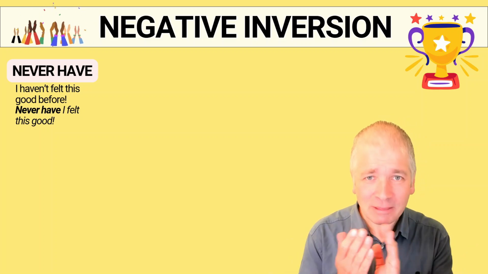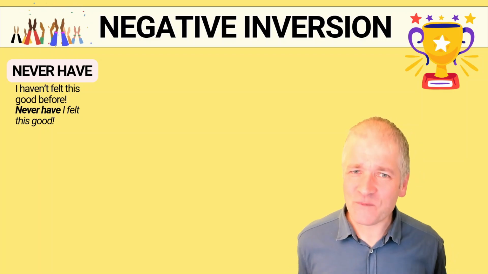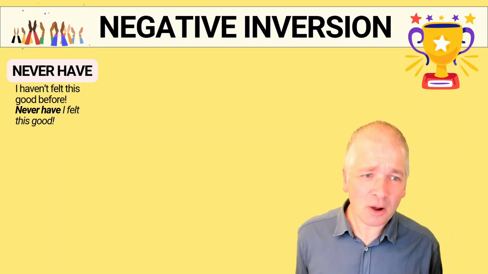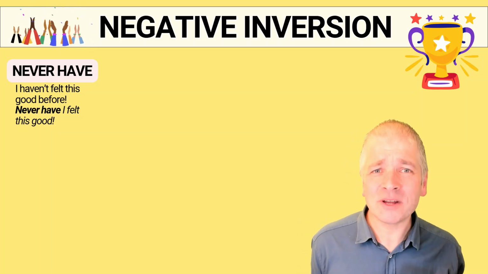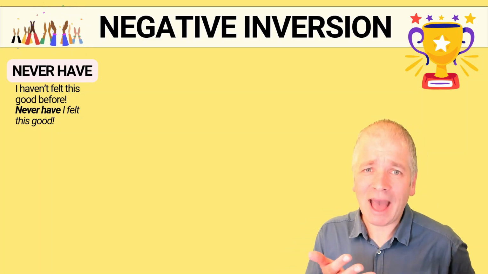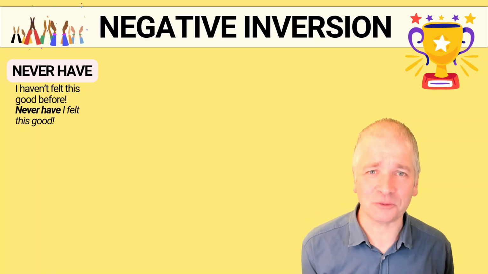But another grammatical way of expressing this is, never have I felt this good. Here, notice we've started with the negative word at the beginning. Then we have the auxiliary have, then the subject, and then the main verb felt.